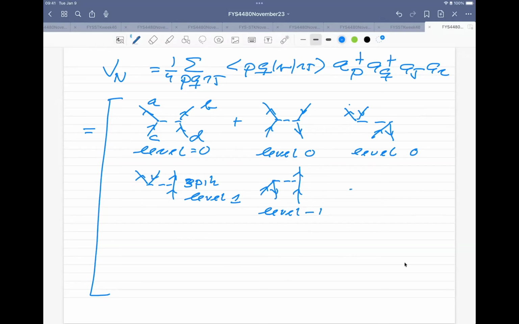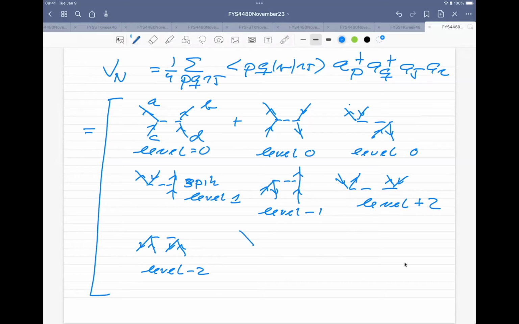Then we have new terms. We have this one, which is a two particle two hole state. And we will call this one level +2. But that means also that there has to be a companion here, which is the level -2. So this is us destroying a two particle two hole state.